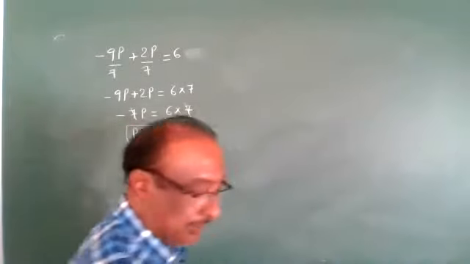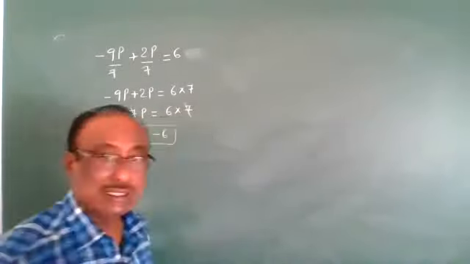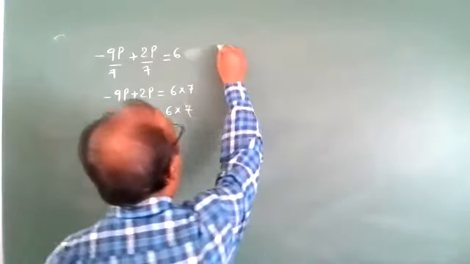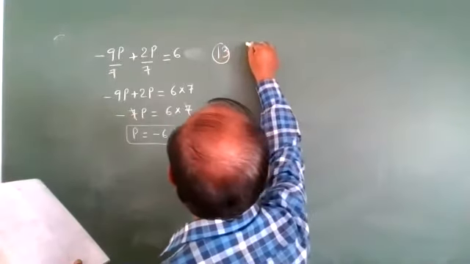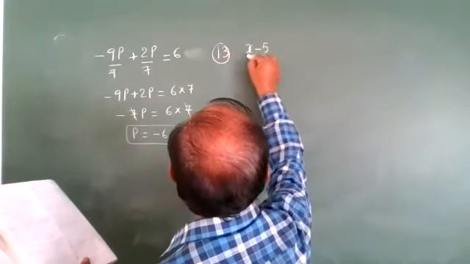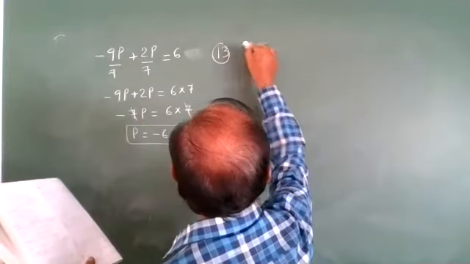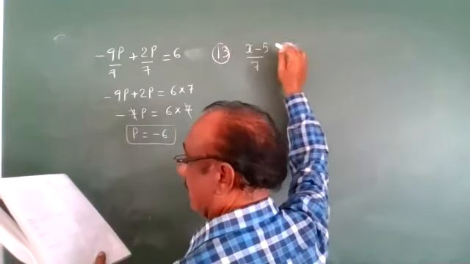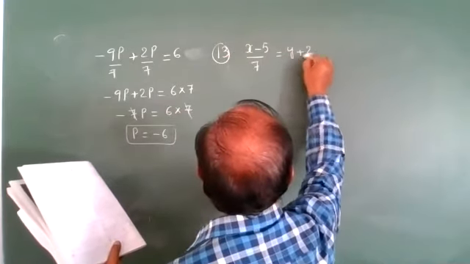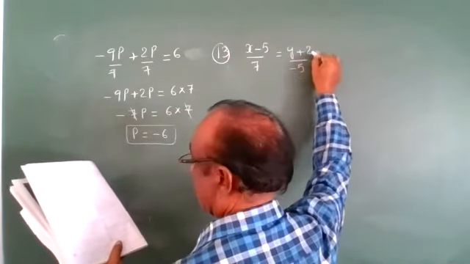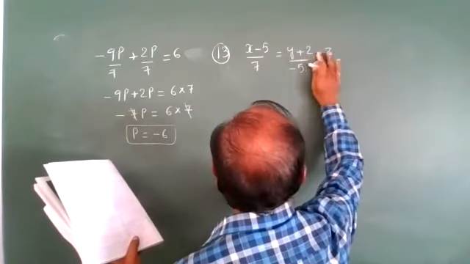What is the 13th problem? The first line is given. You can check whether it is in the correct form or not. (x minus 5) by 7, correct. Then (y plus 2) by minus 5, correct. Then z by 1.